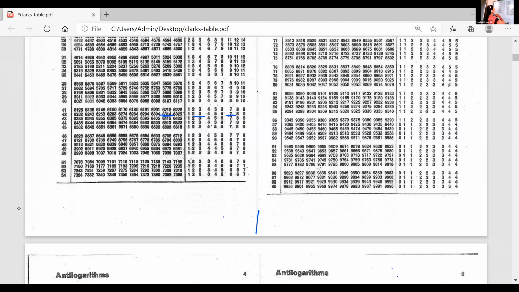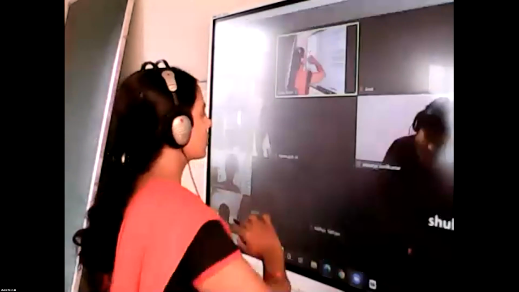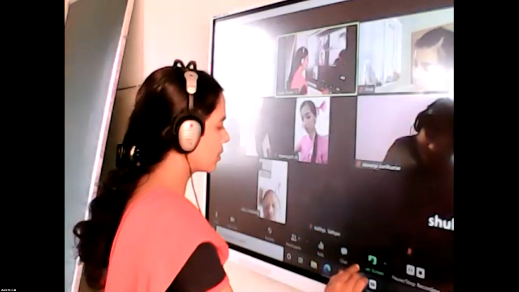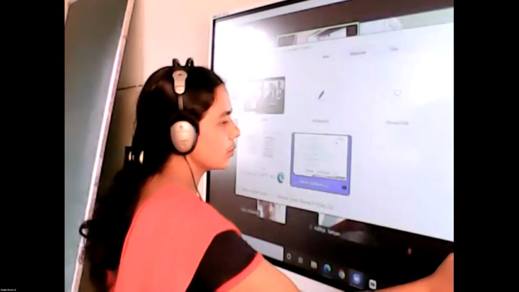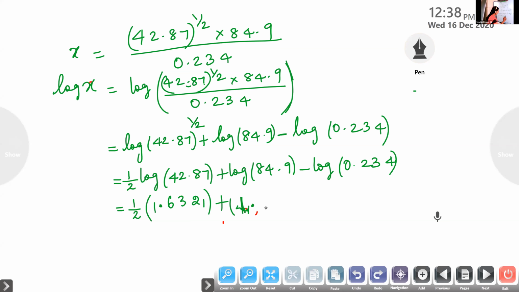The log of 849 is 9289. Good. So substitute there. It is 1.9289.